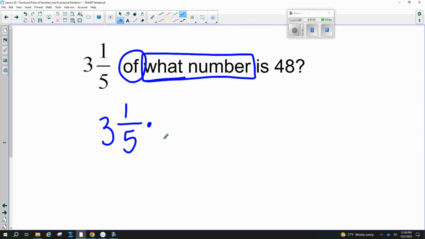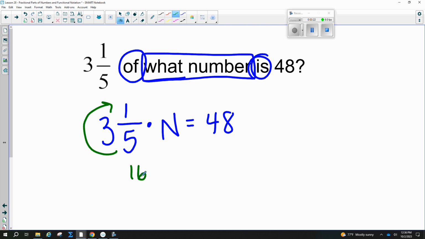Good. And then Sammy, what should I write down for is? Exactly. 48. So 3 1/5 of what number is 48? Now I need to make this improper. 5 times 3 is 15, plus 1 is 16. So I'm going to make it 16/5 n equals 48.